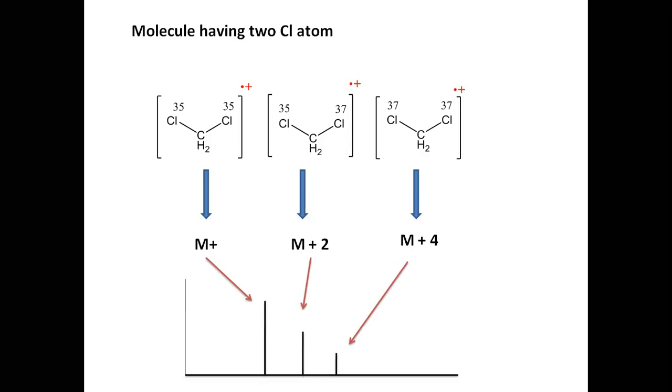The question is, what is their percentage intensity? So the formula is the same: (A plus B) to the power n.